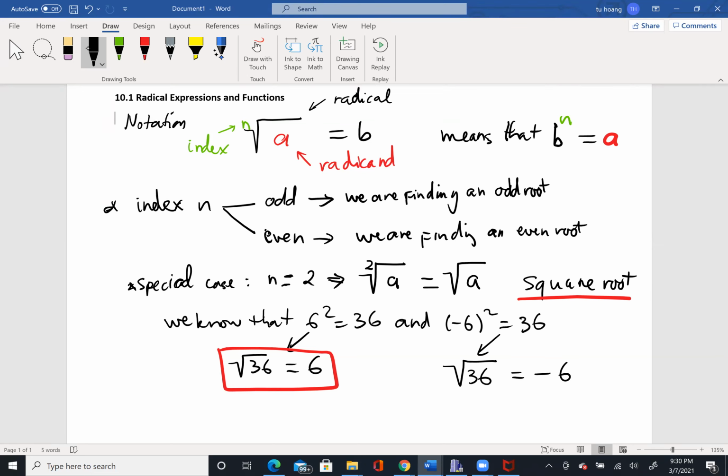Even if some of you take a look at the text for this class, you can see that the text even accepts this answer, but Mr. Tu is going to say this is actually not a valid answer.